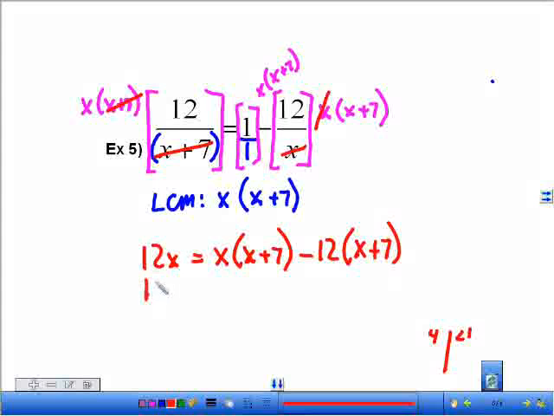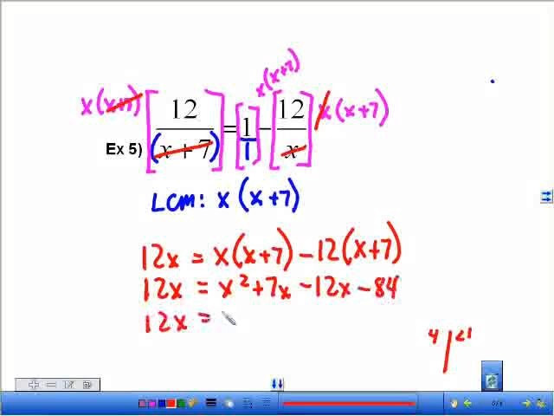Now I'm going to go ahead and distribute and combine like terms. Combine like terms on one side, and then subtract the 12x from both sides.